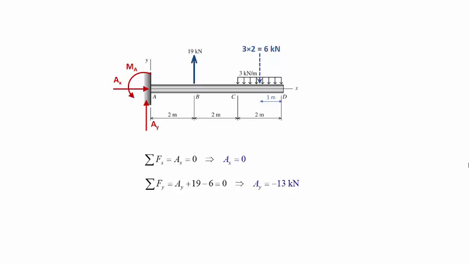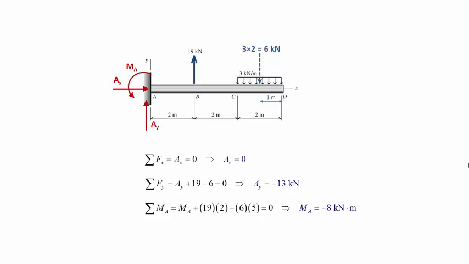So the summation of all those forces has to be equal to 0. So from there we can deduce that the reaction force AY is minus 13 kilonewtons. And the minus is just telling us that in reality that force is not acting upwards as we had assumed, it is acting downwards.